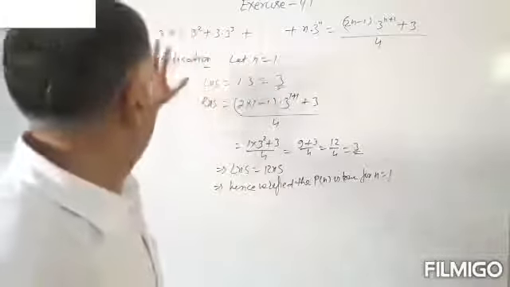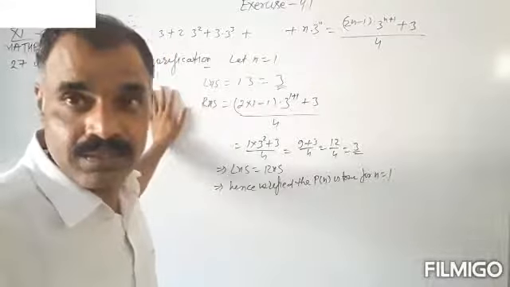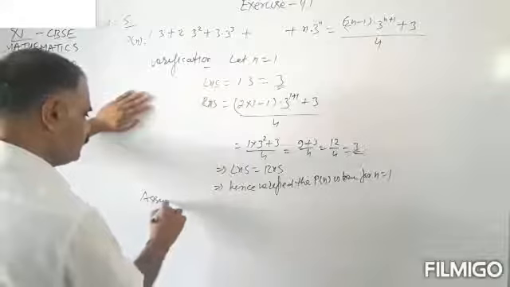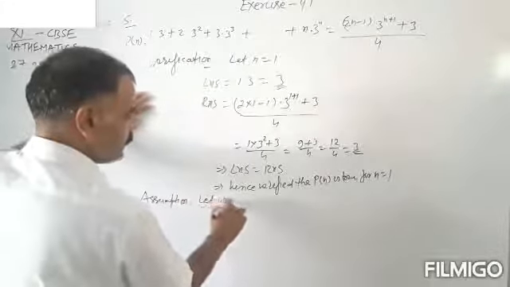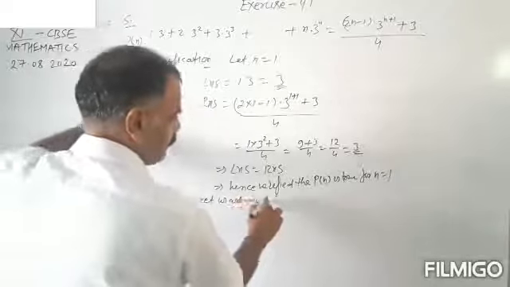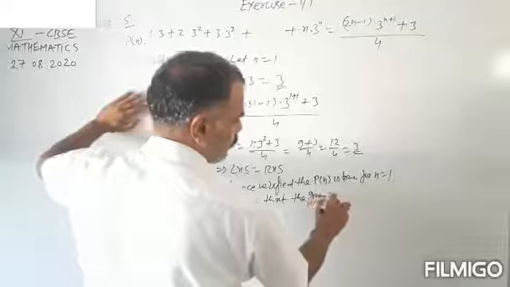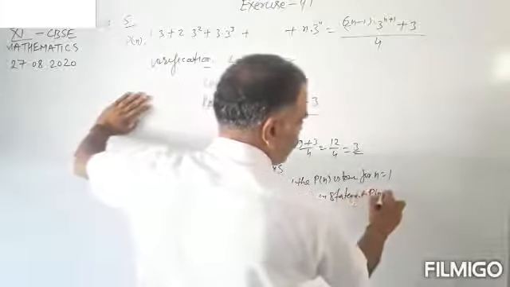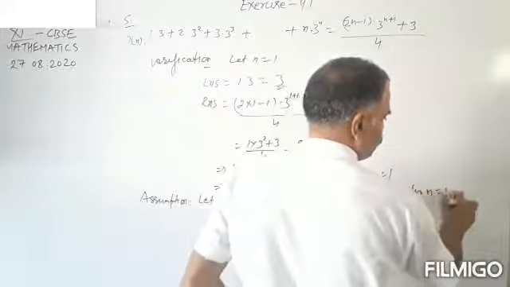Now this is the verification step. Now assumption step. Let us assume that the given statement Pn is true for n equals to k.